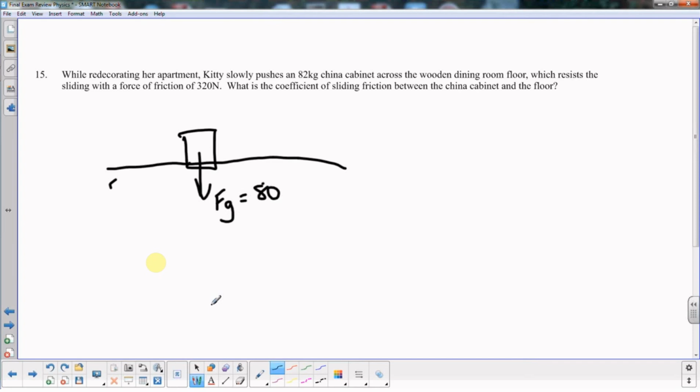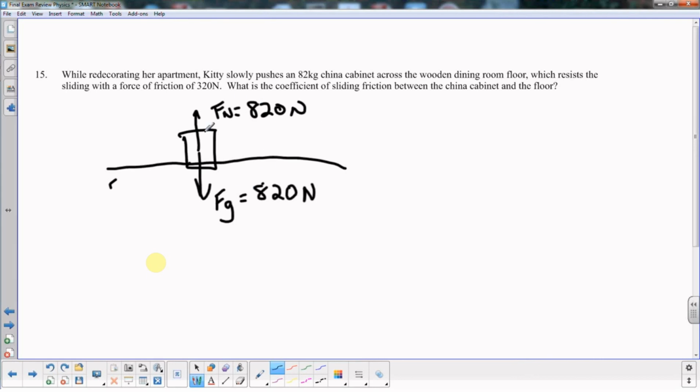Again, voice says one thing, pen does another. 820. And if we know the gravitational force is 820, we know the normal force is going to also be 820, unless it's going through the floor. You could say it's negative, but that's kind of not what the question's asking.